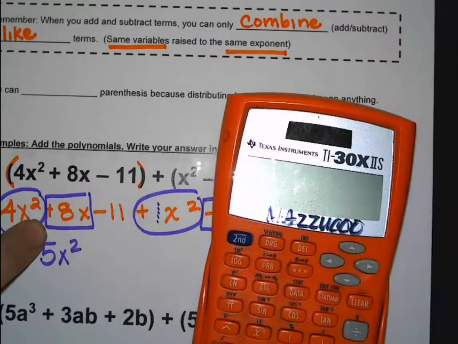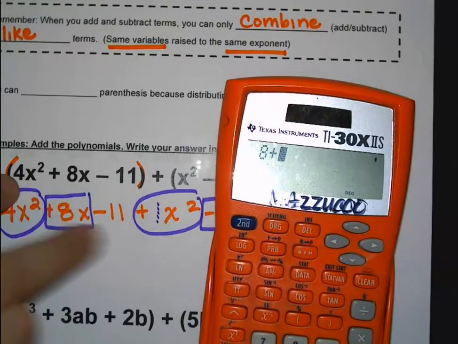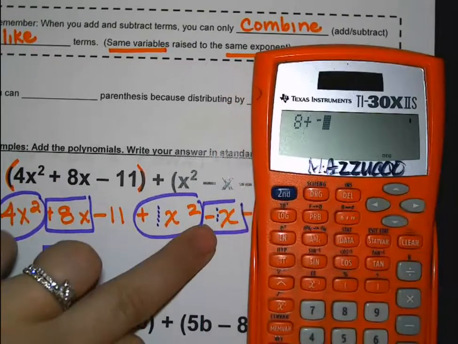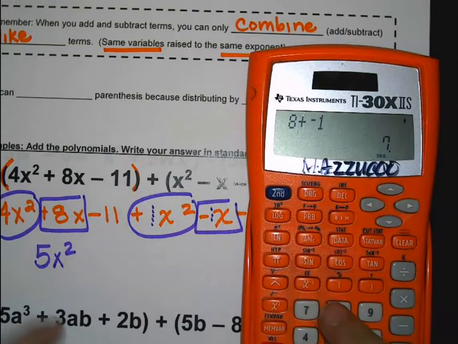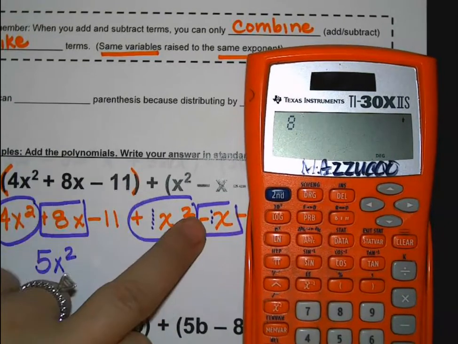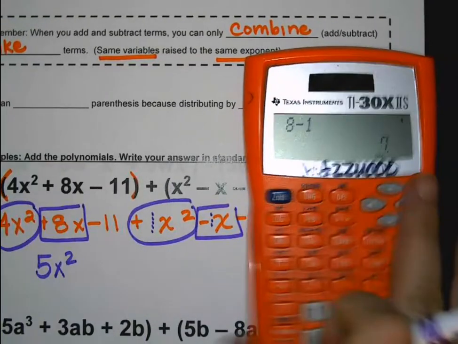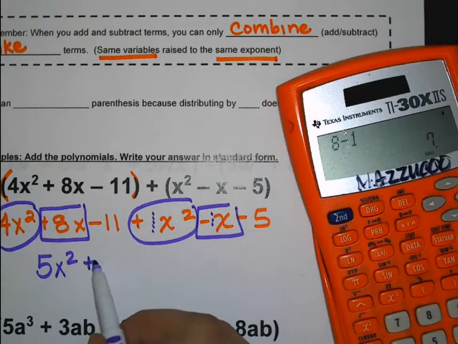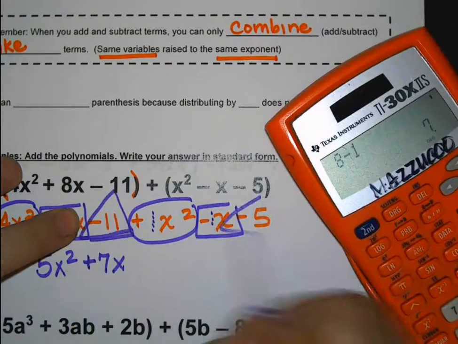So again, what we're doing is 8 plus negative 1 is 7. Or we can enter this in as 8 minus 1. It's still 7. So plus 7x.